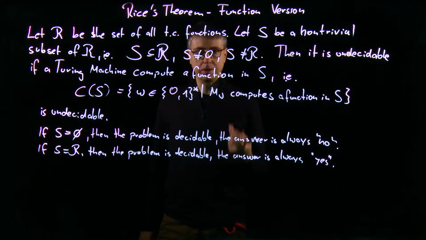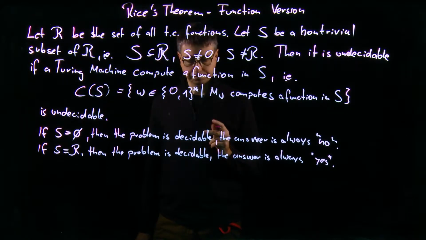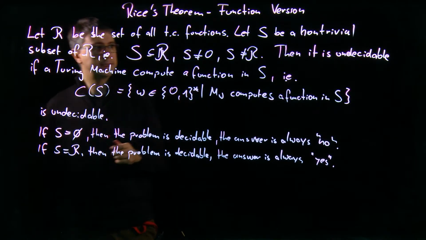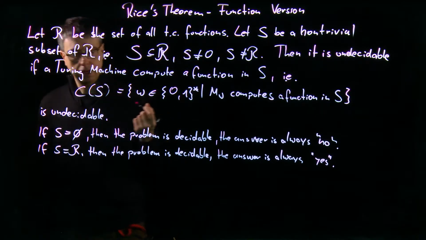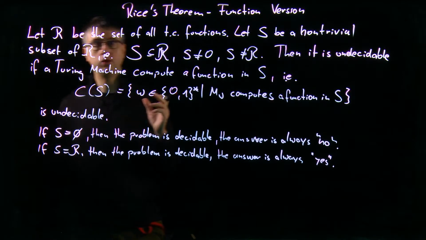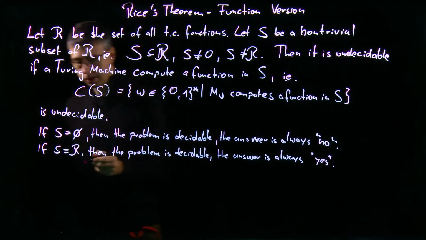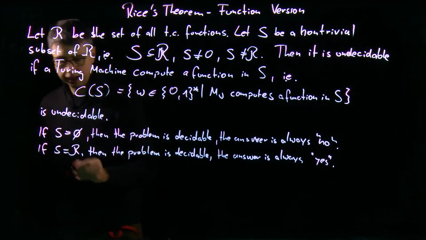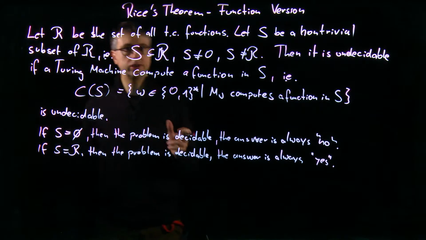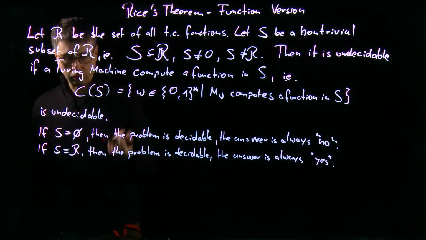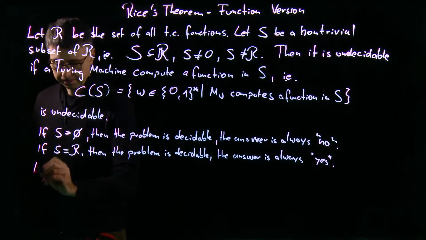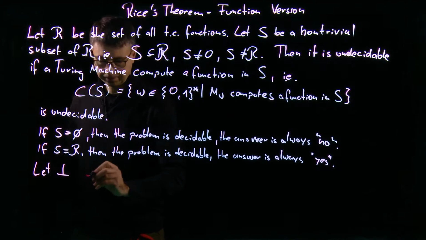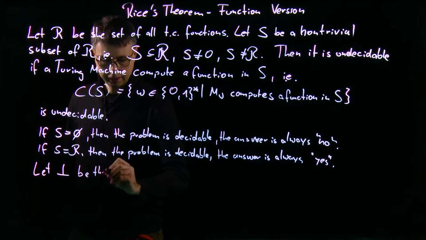Now we can proceed with the proof for the general case, for the non-trivial specifications. We will do the proof by case distinction. And for that, we'll need something specific: the function that's undefined for all inputs. I'll call it bottom.